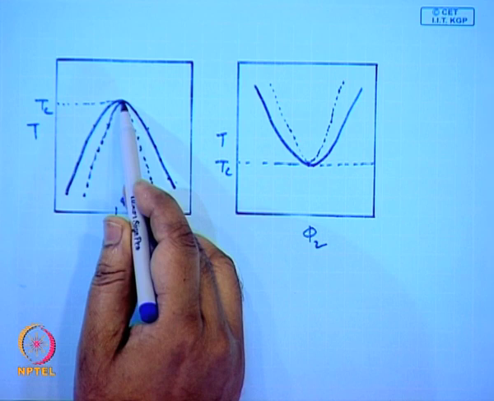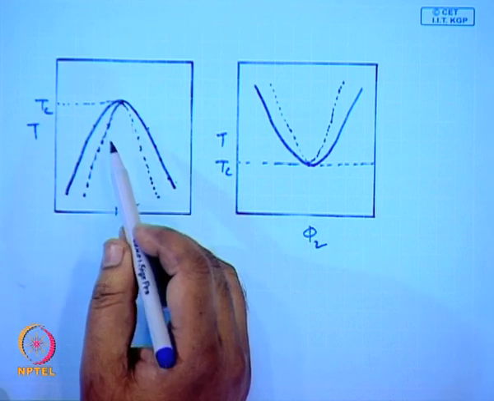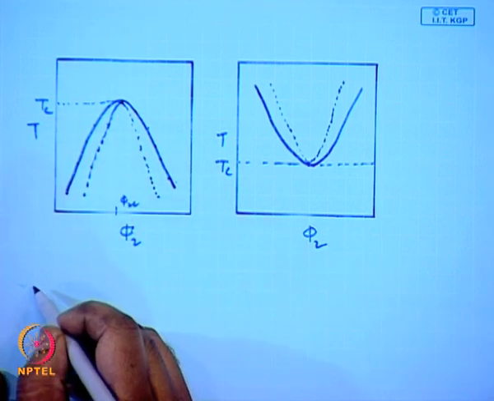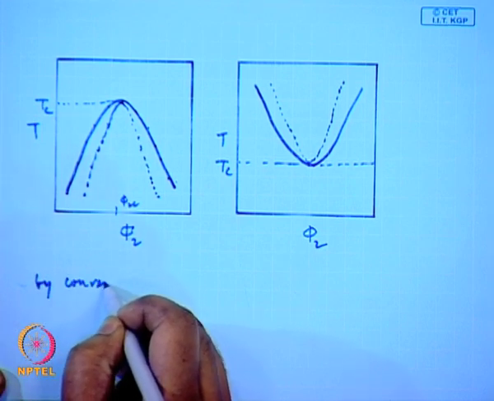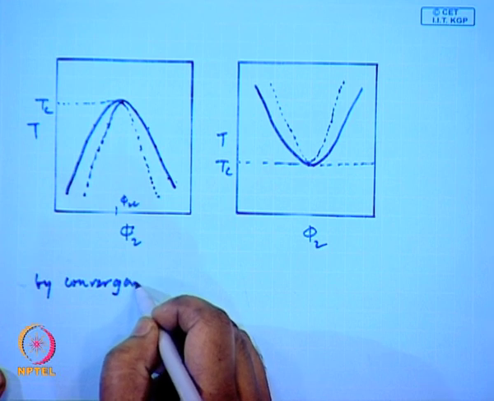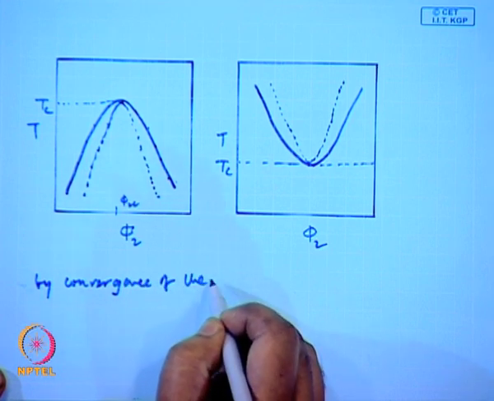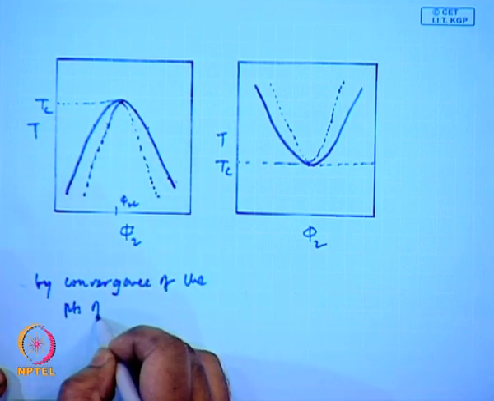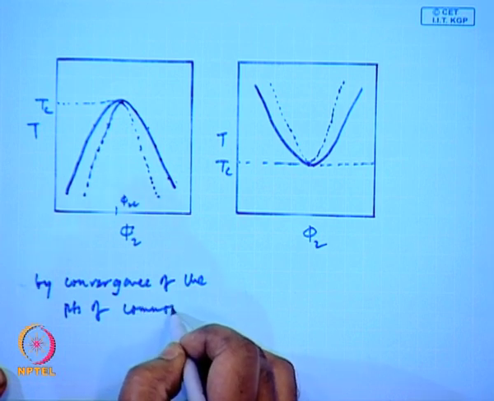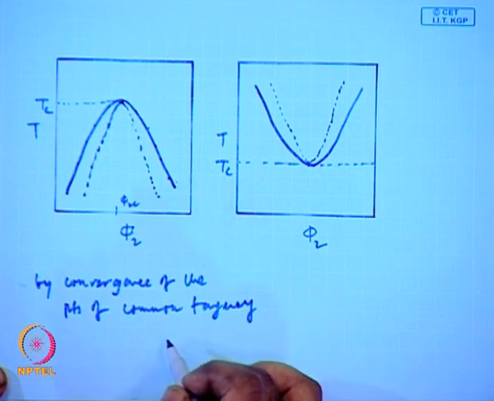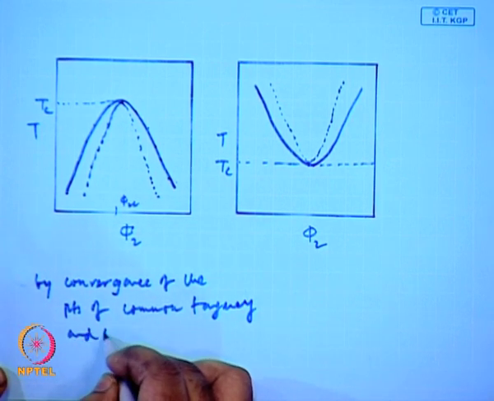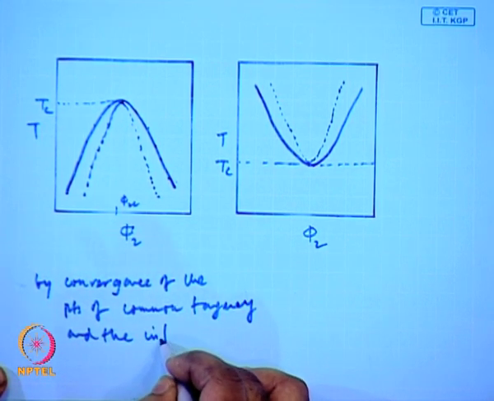So, this point, this critical point, is given by the convergence of the points of common tangency and the inflection points.